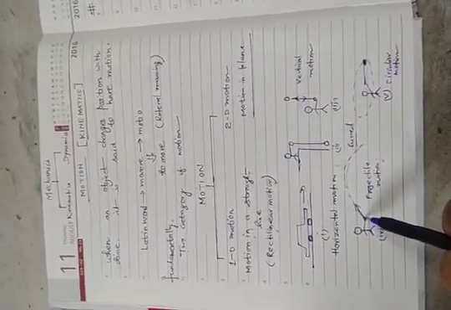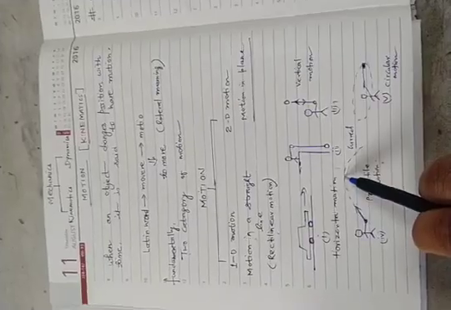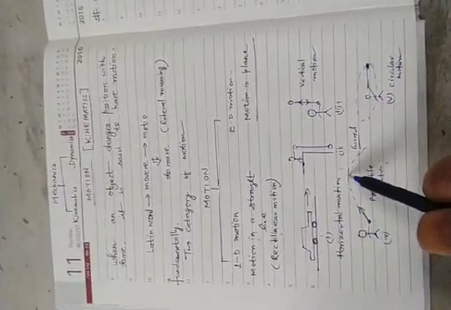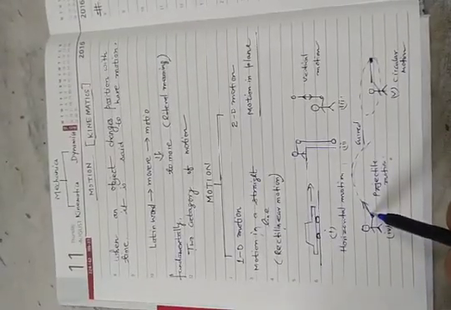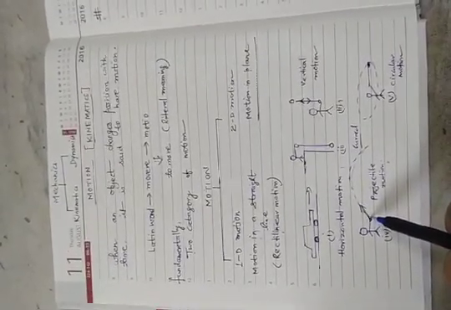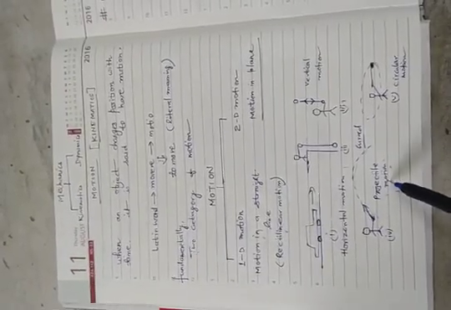Now here this ball is traveling along x and y. It means two axes are involved, so that is why this motion is 2D motion, and generally it is known as projectile motion.